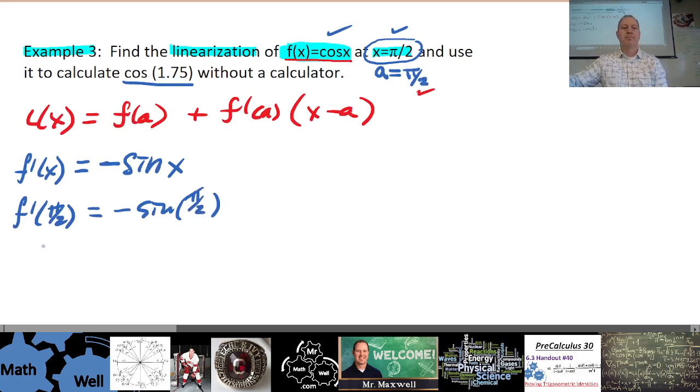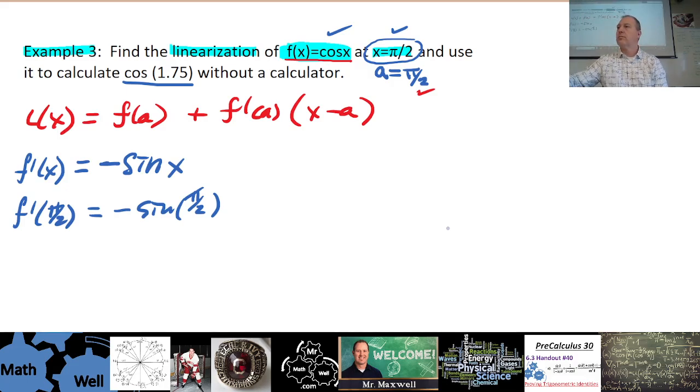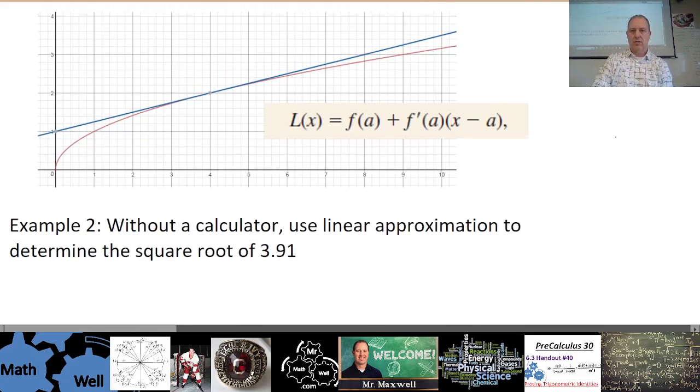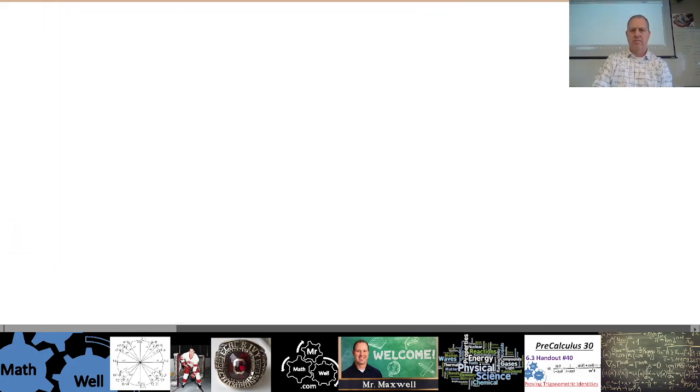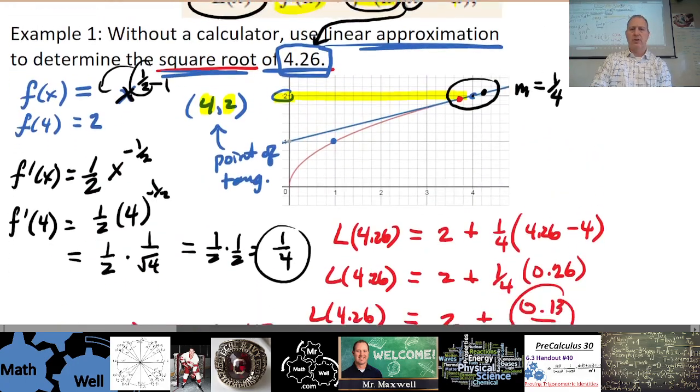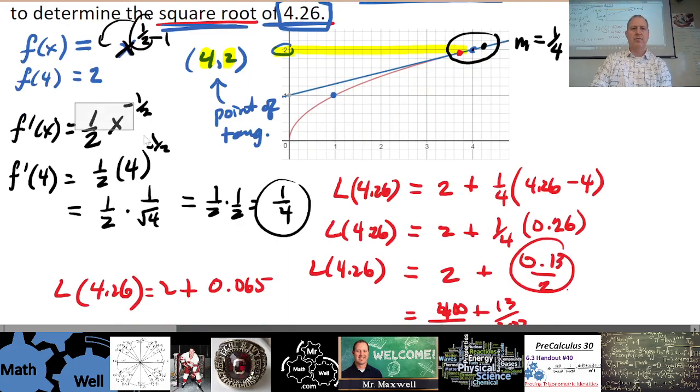In the previous question, didn't we put the point of tangency in the... I think I'm confused. We put the x value of the point of tangency into the tangent, right? Yeah. So we found the derivative here.